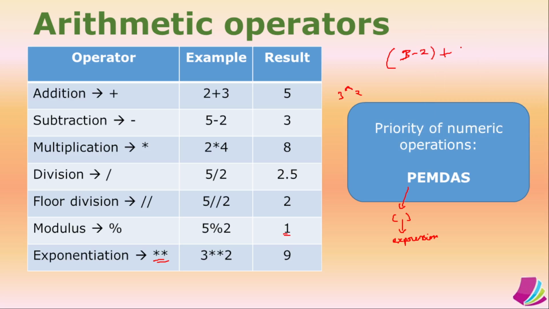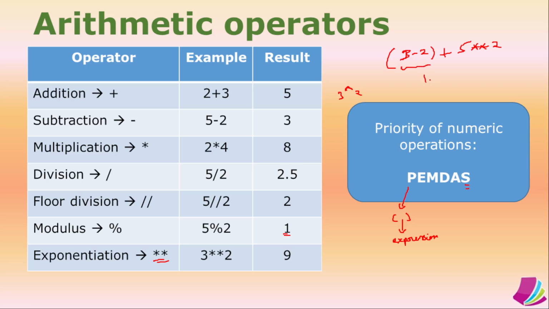Plus 5 star 2. When you think of subtraction, it has the least priority, so you might jump to the conclusion that we should perform this last. But this subtraction is written inside a parenthesis. So first you need to execute the expression within the parenthesis.